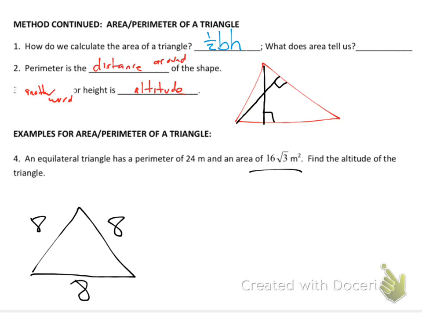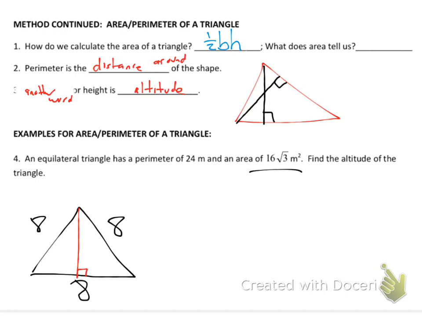If I had to make an altitude here, naturally I would start at the top and go to the bottom. So let's draw an altitude. So there's your altitude. We know it forms a right angle.